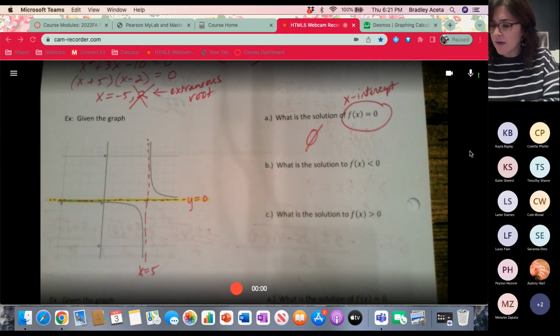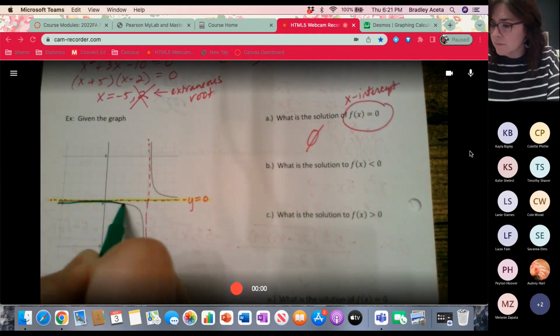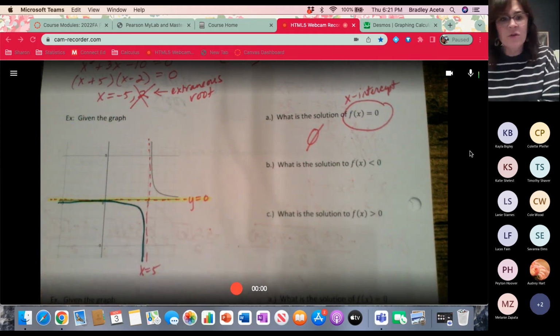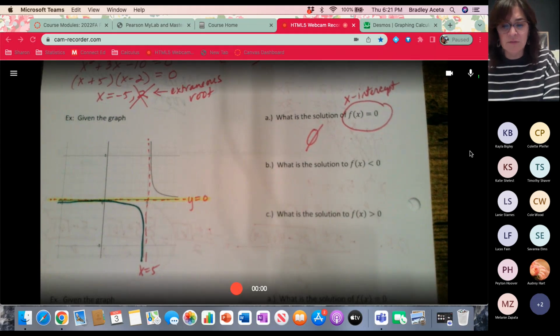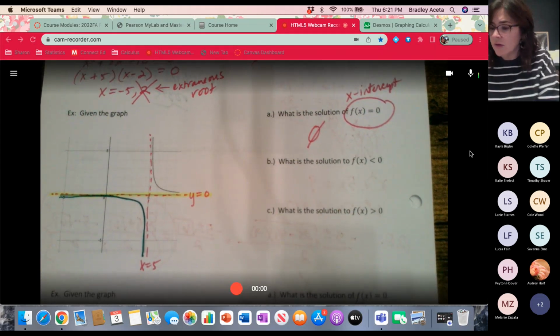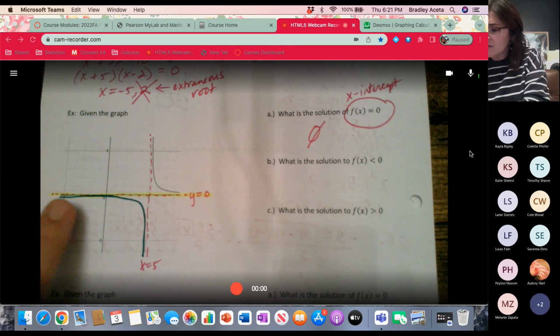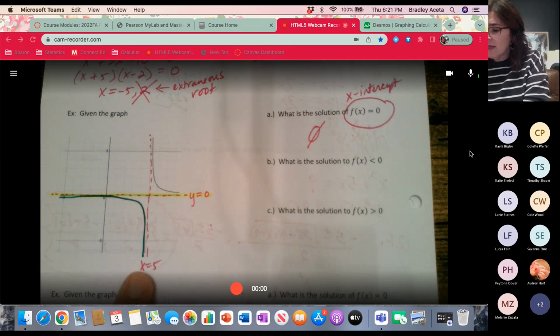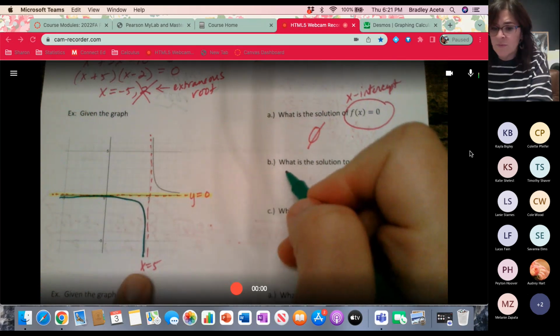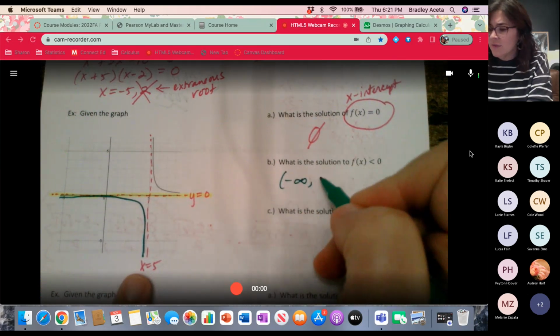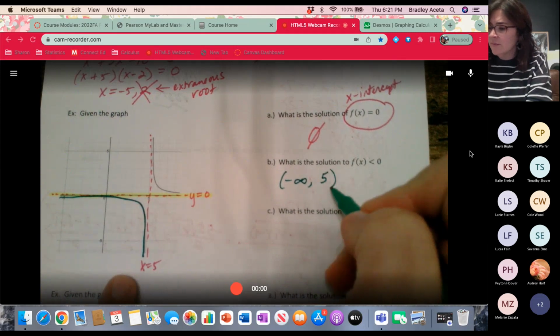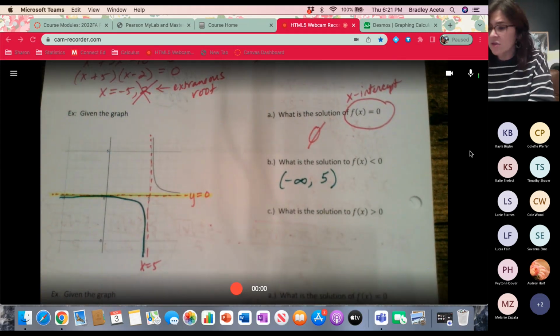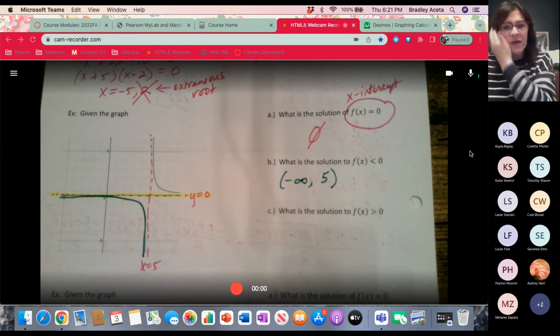And that's this hook right here. And so you have to write it in interval notation. And you would say, okay, well, it would be on the x-axis, from -infinity up to that asymptote. So from -infinity up to 5. That's the solution for all the y values that are less than 0.